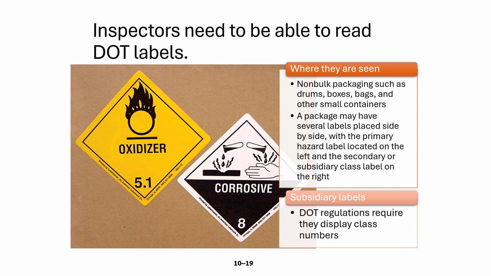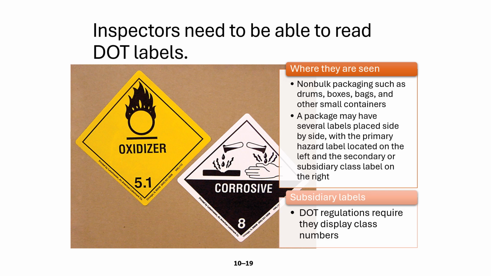By just looking at the label, they have an understanding of what the hazard could be inside the container. A package may have several labels placed side by side with the primary hazard located on the left and the secondary or subsidiary class label on the right.